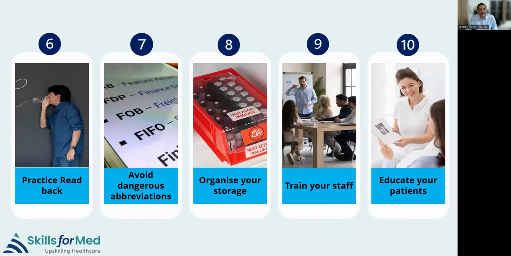As promised, I don't think any one of these requires a lot of money. It will require a little bit of effort and time. But these are all very simple things which you can practice from today. And by doing this, as I pointed out, 80% of medication errors can be prevented. And let us make an effort to reduce these medication errors in our hospital.